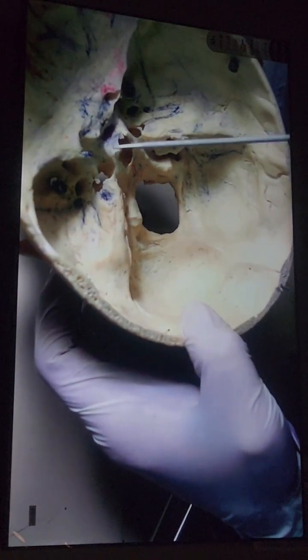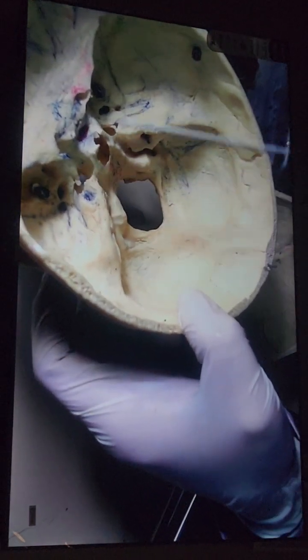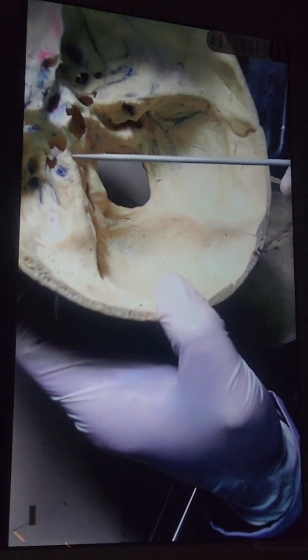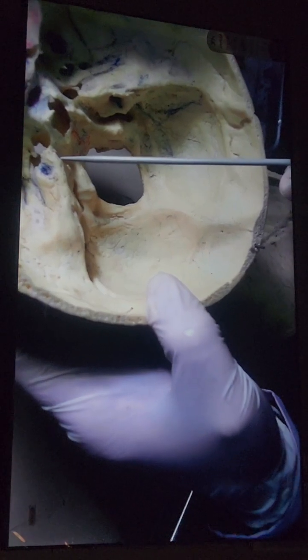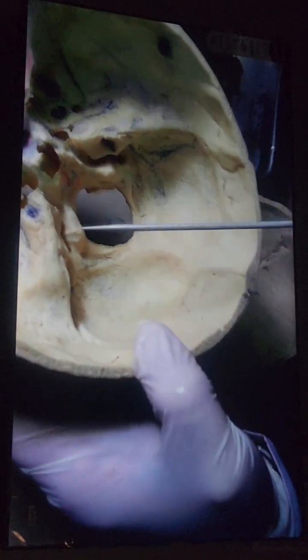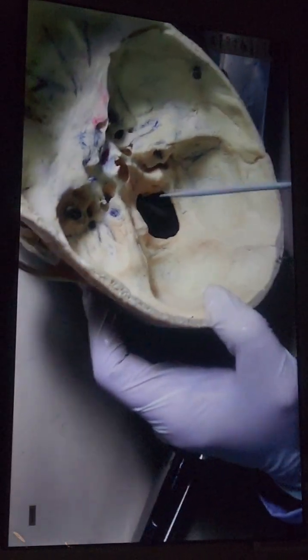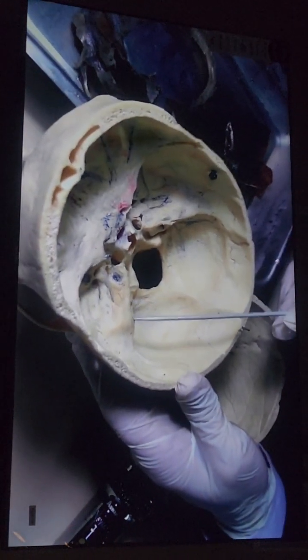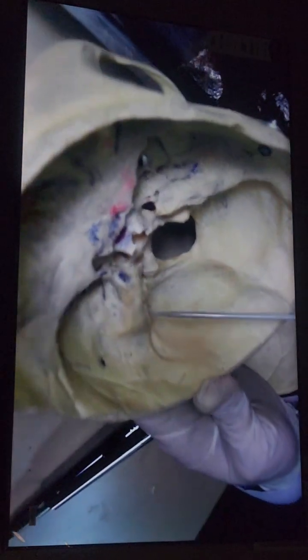The cavernous sinus on both sides of the body of the sphenoid drains through the superior petrosal sinuses, which run along the superior border of the petrous part of the temporal bone.